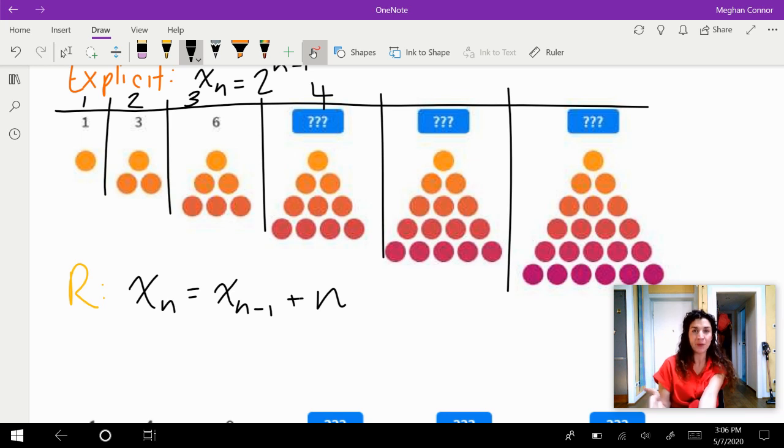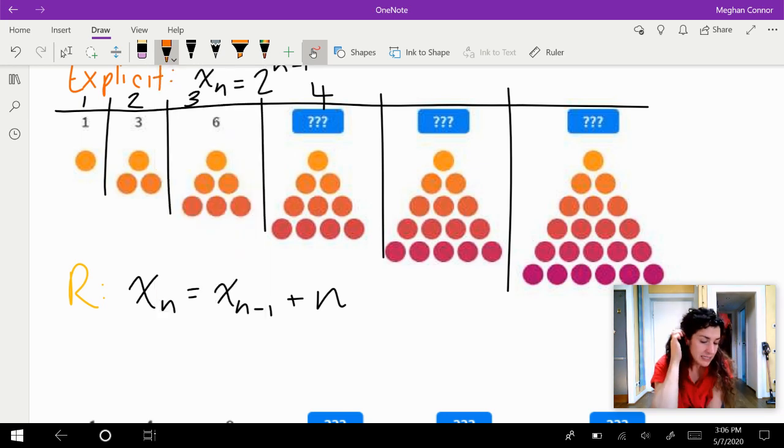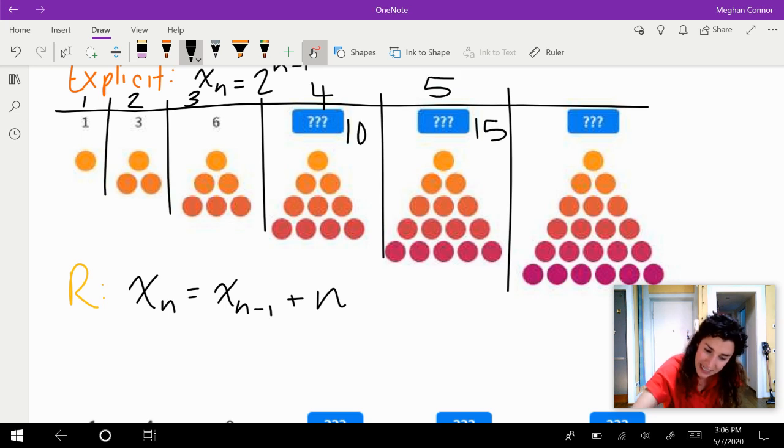In our sixth term, we're adding in 6. Versus our explicit term, so this guy is 10, this guy is 15, and this guy is going to be 21.